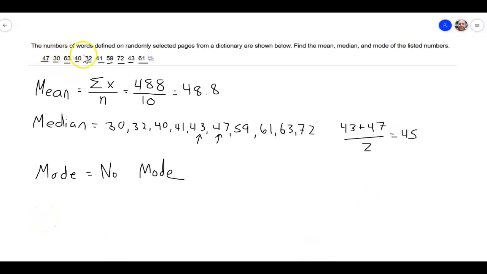So now, how can we use this in order to estimate the number of words in a full-blown dictionary? Well, if we took a sample and said that there's about 48.8 words per page on the sample of 10 pages that we looked at, and let's say, for example, there were 2,348 pages in this dictionary, then what we could do is multiply that by our 48.8 and put that in our calculator.